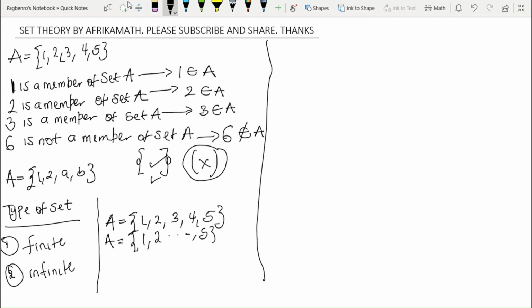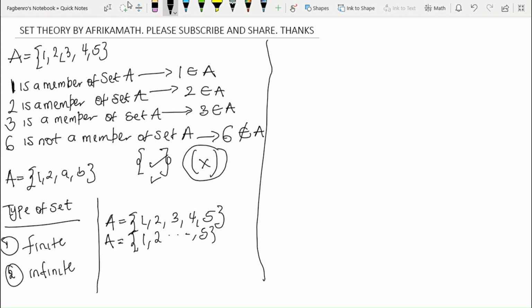Talking about infinite set, you should know the meaning of that. Talking about finite, you said the set that has an end. Then talking about infinite, that should be the opposite of finite set. That is, it does not have any particular end. We call that kind of set a continuous set.